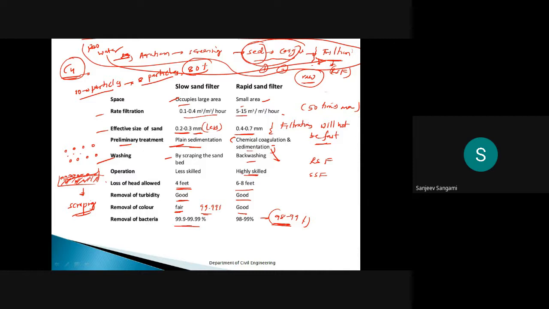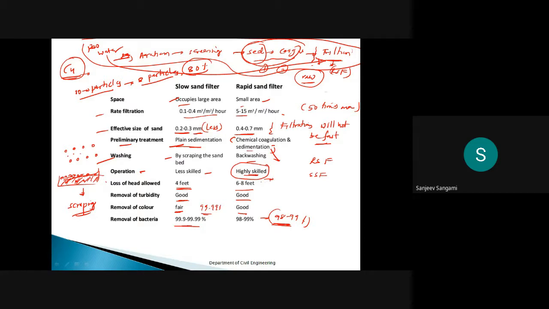Then operation: less skilled persons are required for slow sand filtration because the mechanism is very simple. Even very less skilled persons are fine, no problem. But here highly skilled persons are required because it involves backwashing systems.